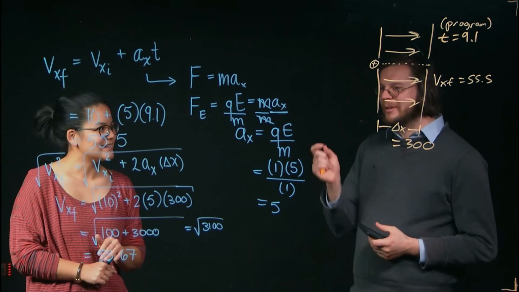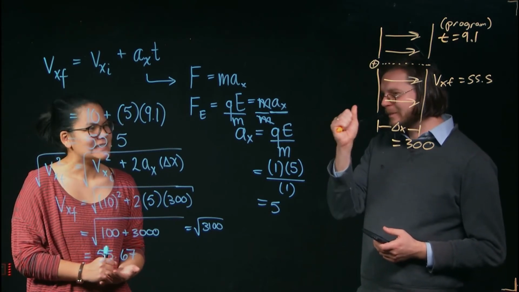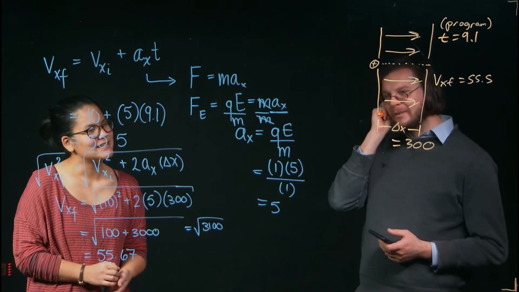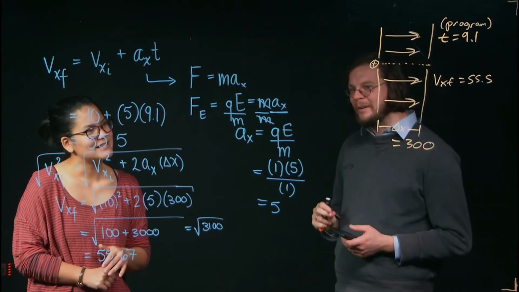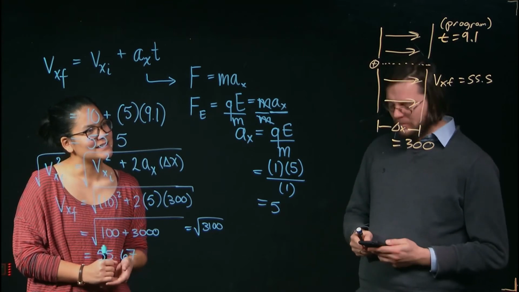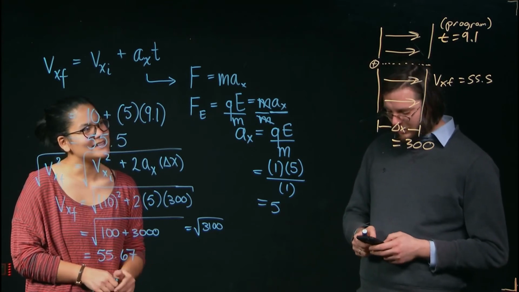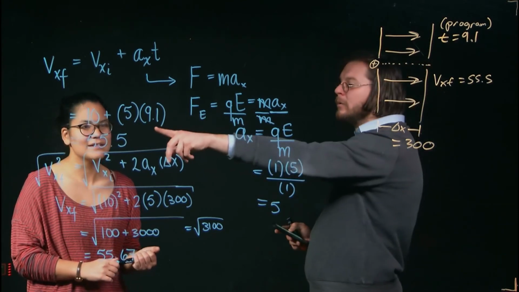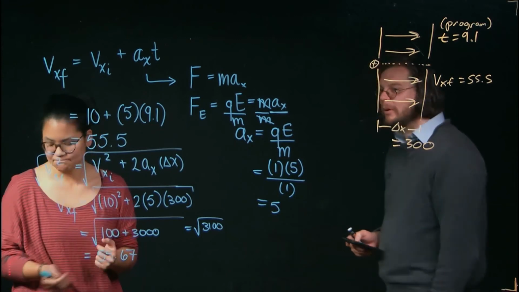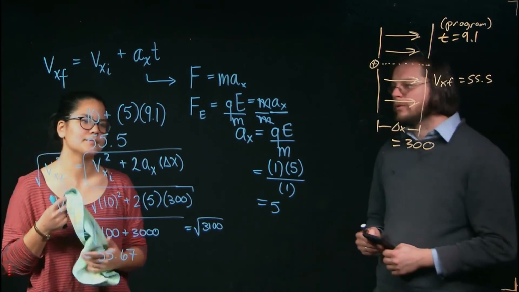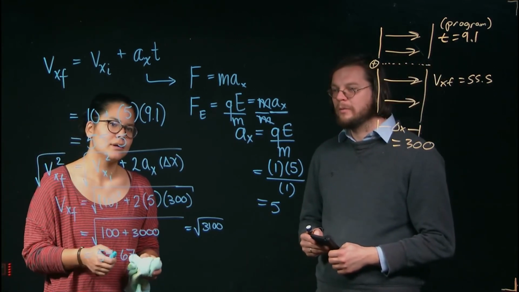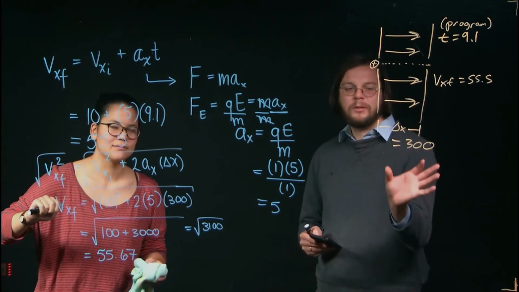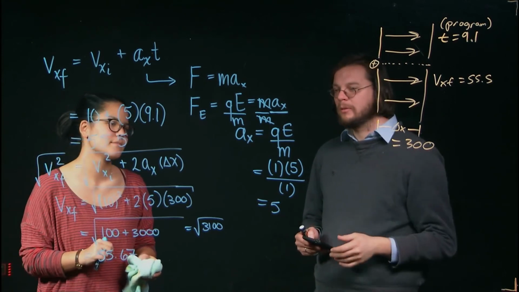But if you have a magical proton that had a mass of 1 and a charge of 2, what would you get for the final speed? In this case, we don't know how much time it's spent in the field because we haven't run the program yet. So what are we going to do? Just use this method then, because it's still the same. We still know over what distance it's going to be accelerated.